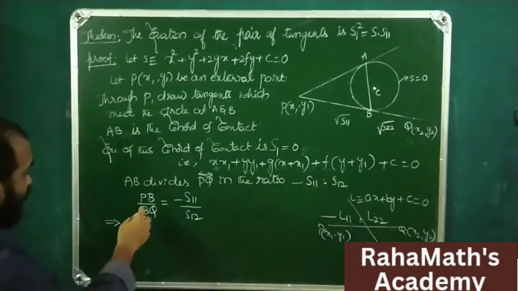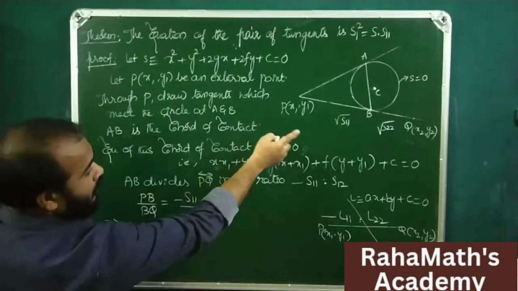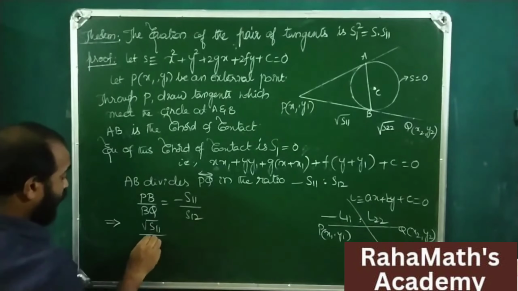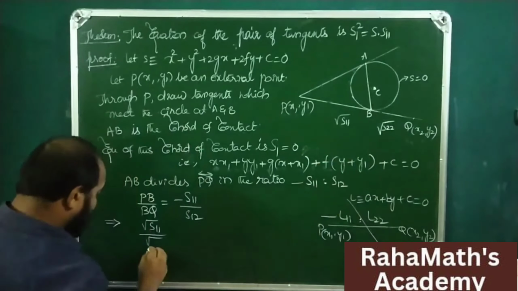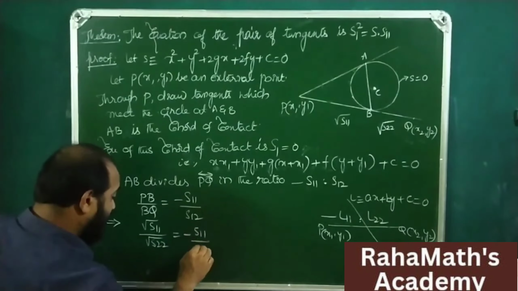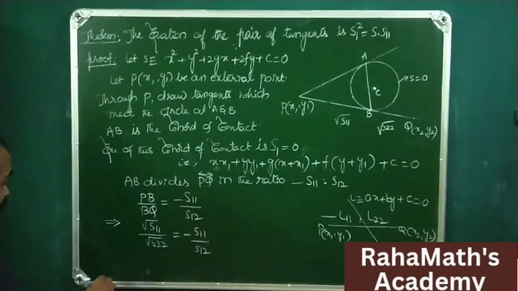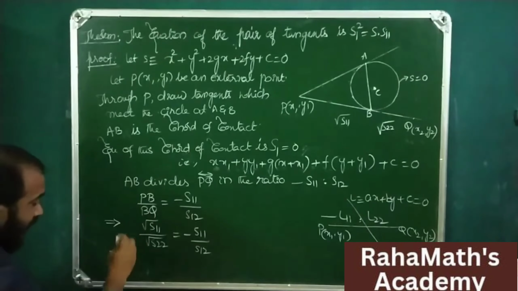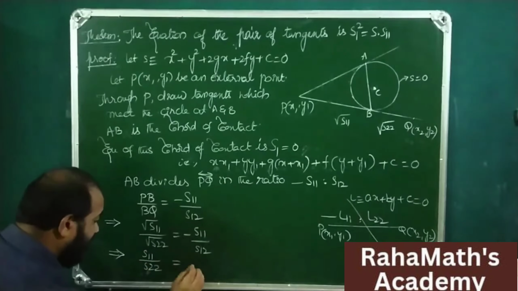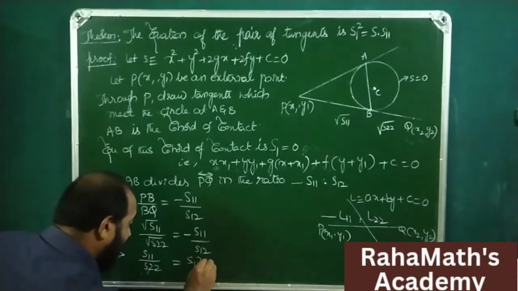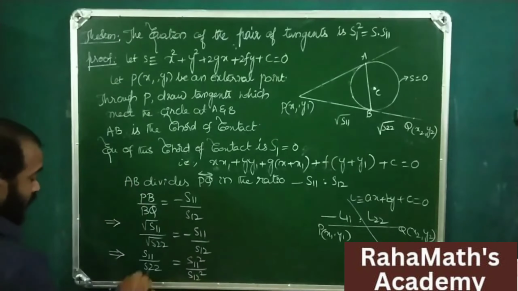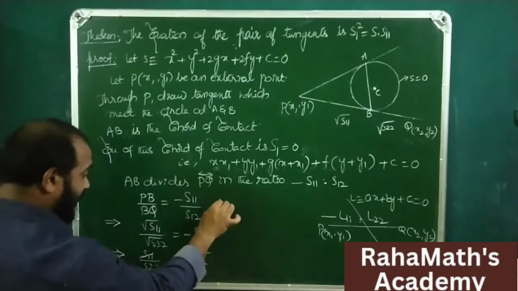Therefore PB by BQ, root S11 by root S22, is equal to minus S11 by S12. Squaring on both sides, S11 by S22 is equal to S11 square by S12 square. So this and this get cancelled.